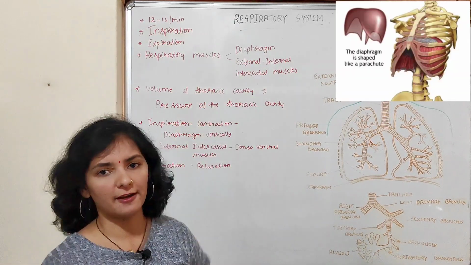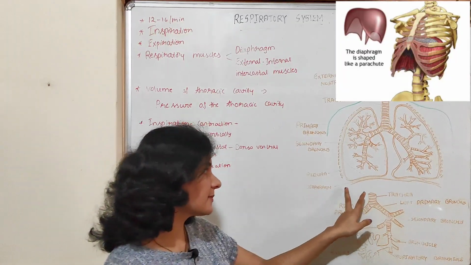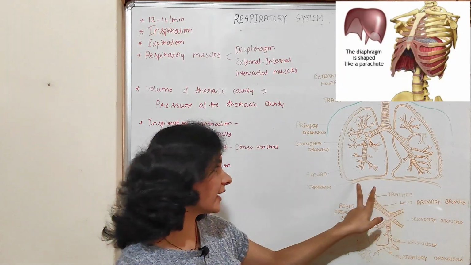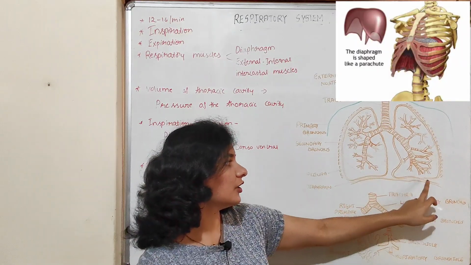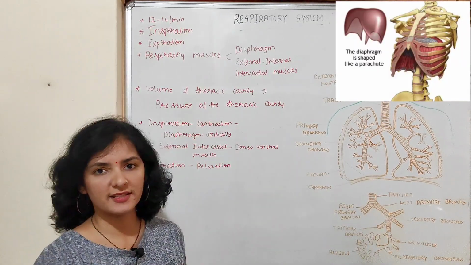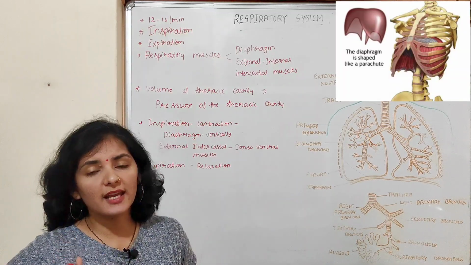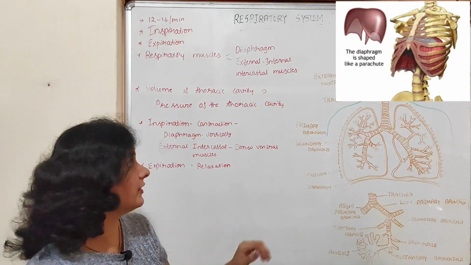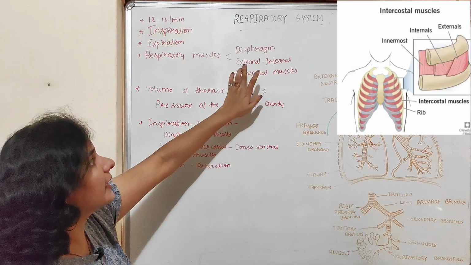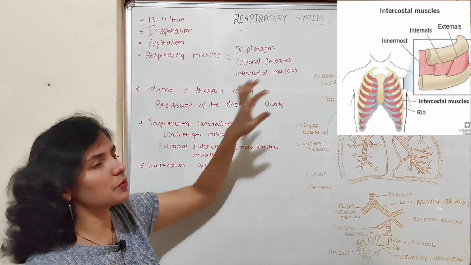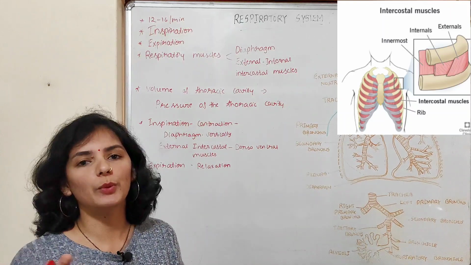First one is the diaphragm. The diaphragm is a dome shaped muscle that is present at the lower side of the lung. So at the lower side of the lung you can see a dome shaped muscle known as the diaphragm, which separates the thoracic cavity and the abdominal cavity. So that is about the diaphragm. The second set of muscle is the external and internal intercostal muscles. It is a set of muscle that is present between the ribs.